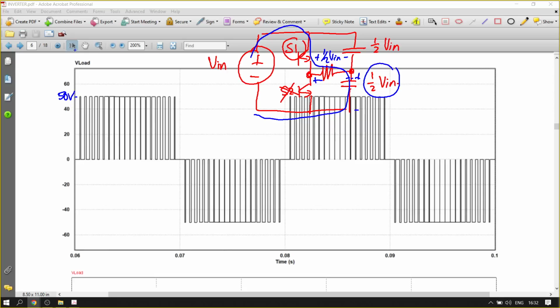That's why it's half, because kita punya ni 100 volt input dia. So dia ada 50 volt kat situ. So and then whenever S2 on, S1 off, S2 on, so dia akan terbalik pula. Dia akan pergi ke sini, and then negative, dia masuk ke negative sini, then through S2. So that's why you have a negative value.